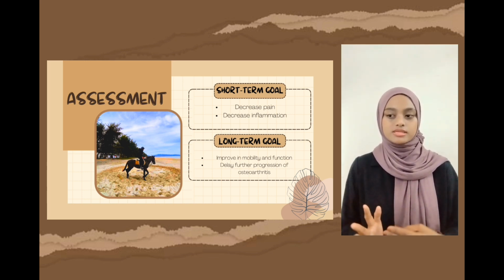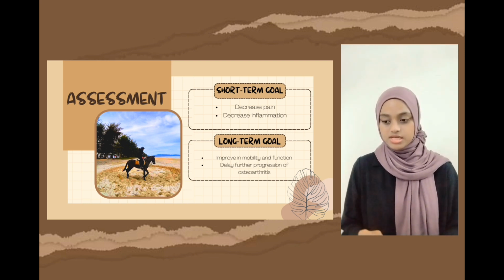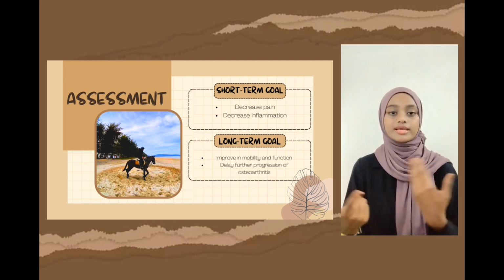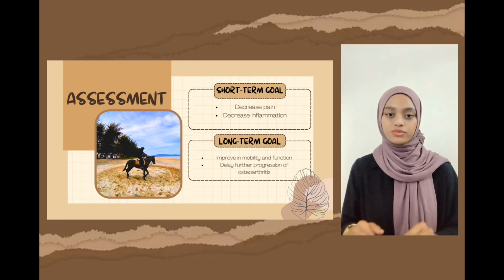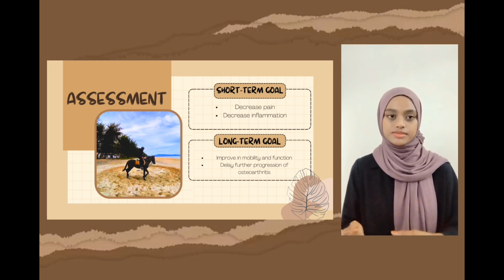Although there is no medication that can cure osteoarthritis completely, she can do exercise such as aquatic exercise or land-based exercise that has no bouncing movement, so she could delay her osteoarthritis from becoming worse.